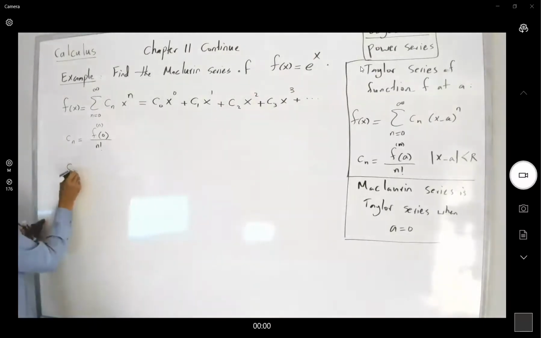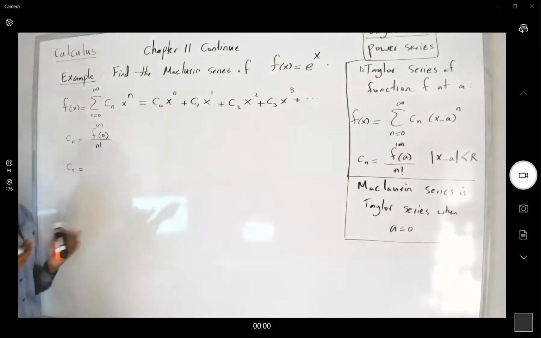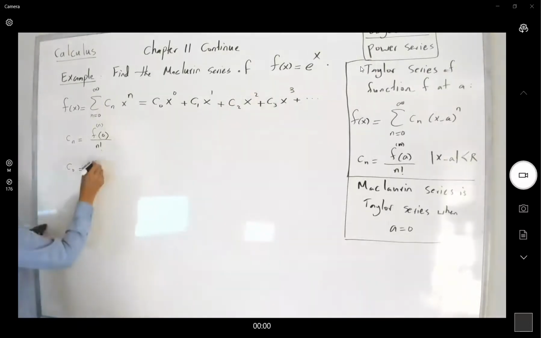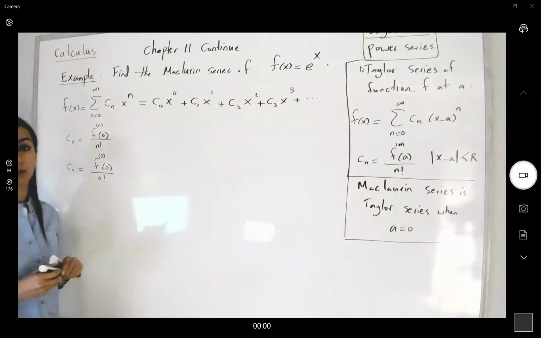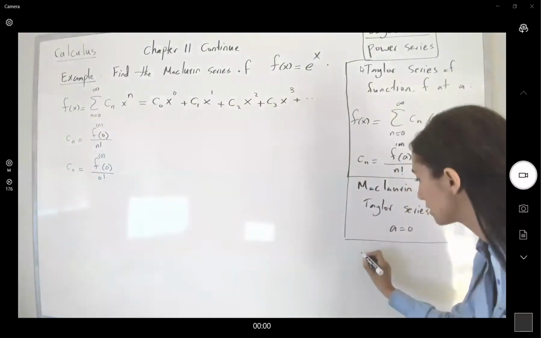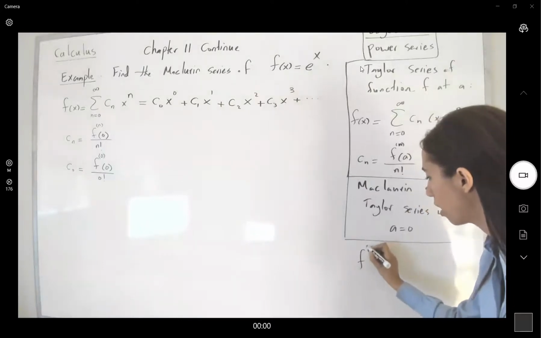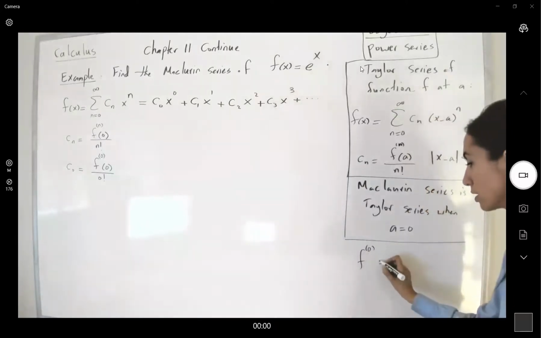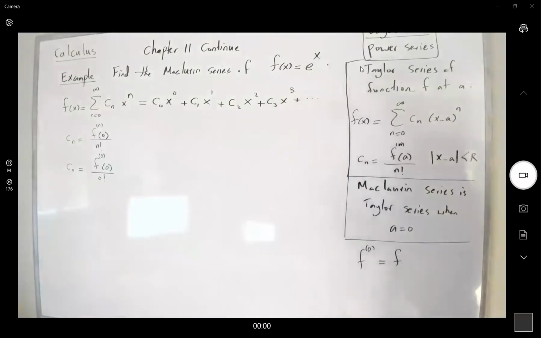So c sub 0 is equal to the zeroth derivative of the function at 0 divided by 0 factorial. Note that the zeroth derivative of any function is equal to that function.